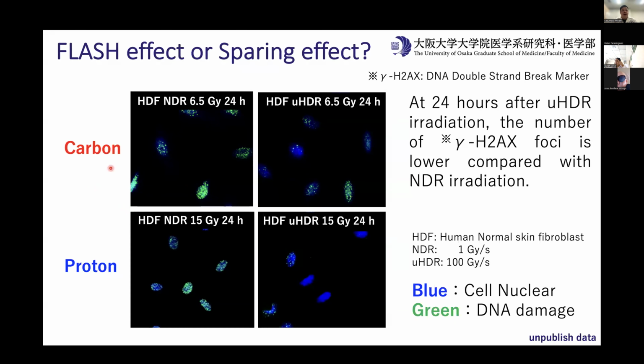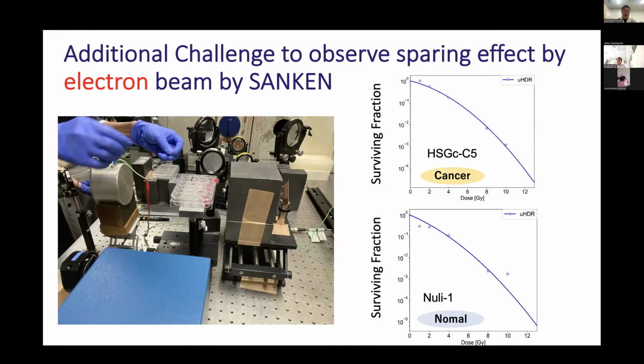So we can observe this with both carbon ion and proton FLASH beams. And now, our group has planned to observe the sparing effect of cells under atmospheric conditions using three kinds of radiation sources.